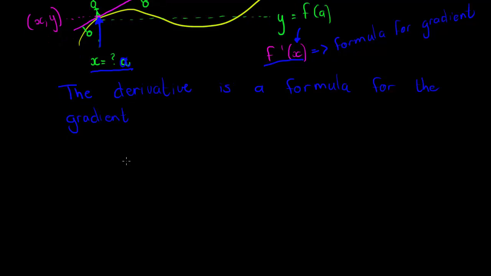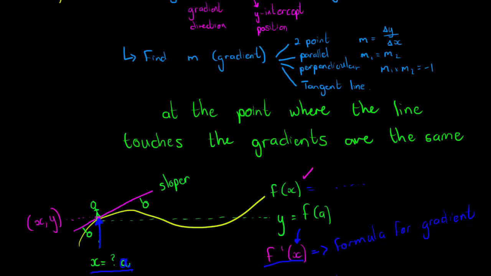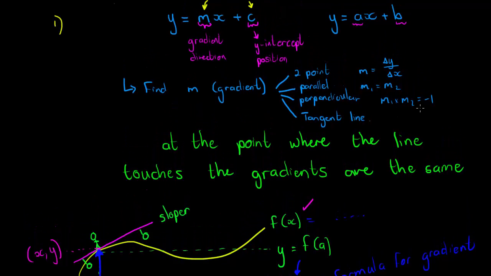In other words, if I'm trying to find a tangent line to a curve, how will I find the gradient? The gradient will be equal to the derivative. All I need to do is substitute the point where it's tangent, the x value.